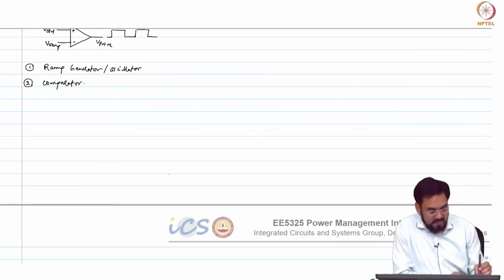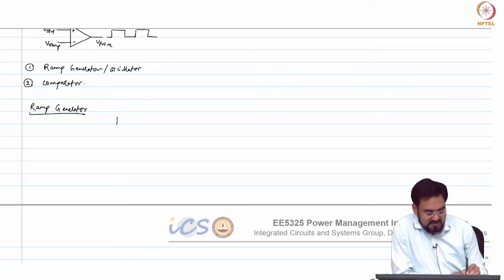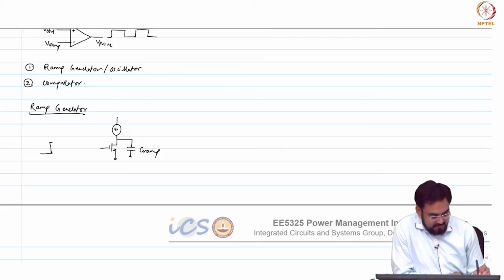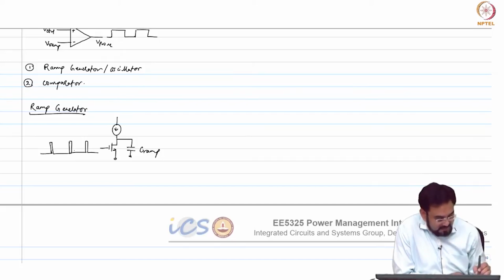Okay. So, let us see what the RAM generator looks like. One simple way we talk about, you just need this, CRAM, and if you already have the clock, you can generate the reset signal at the positive edge of your clock.